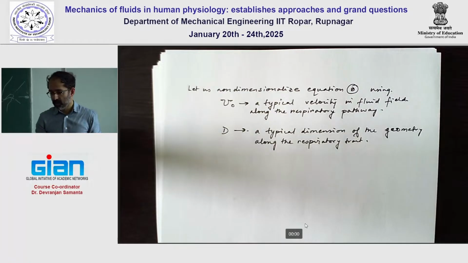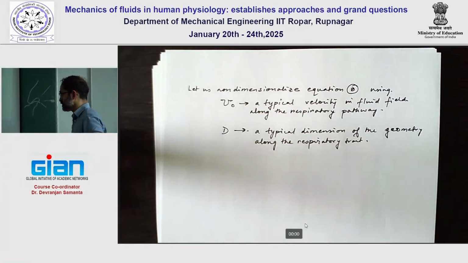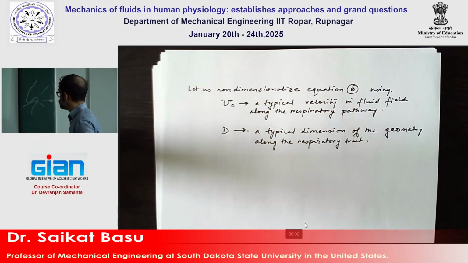It covers quite a few orders of magnitude. So it starts on the scale of centimeters and reaches near the alveoli, which is approximately around 100 micron on average. So it starts from centimeters and reaches microns. As a result, the d itself can vary a lot based on which region of the airspace you are trying to study the transport. But whatever the typical value is, that is what we are going to use in the problem.